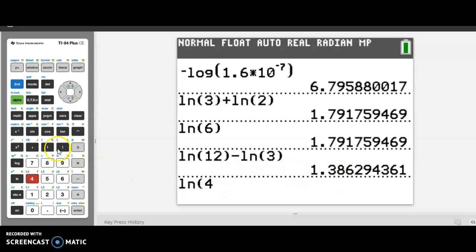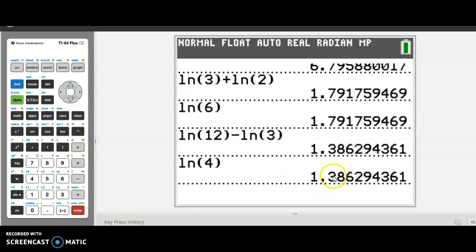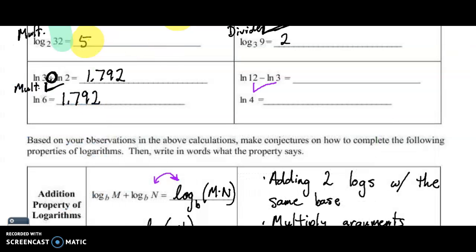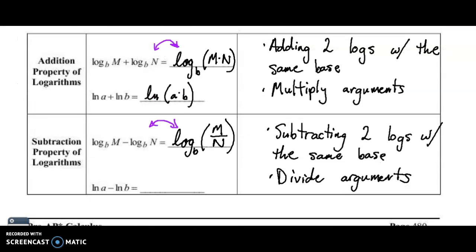If you're confused where 4 comes from, that's because 12 divided by 3 is 4. Well, I got 1.386, the same ugly decimal. And it worked because of the division. So yes, this is still true.